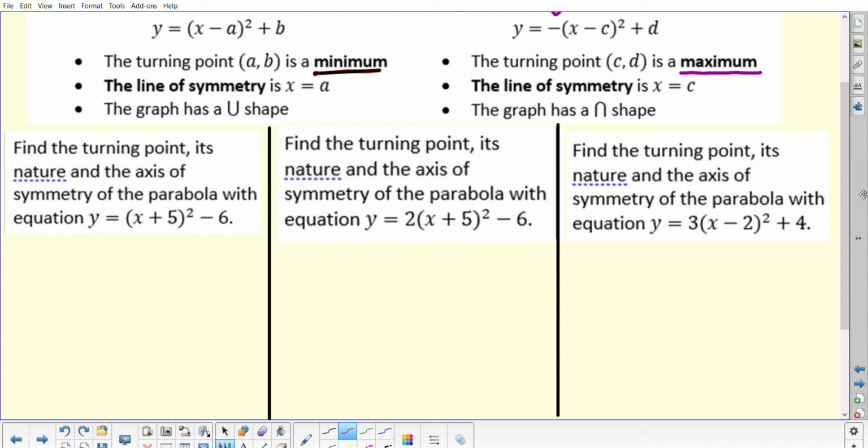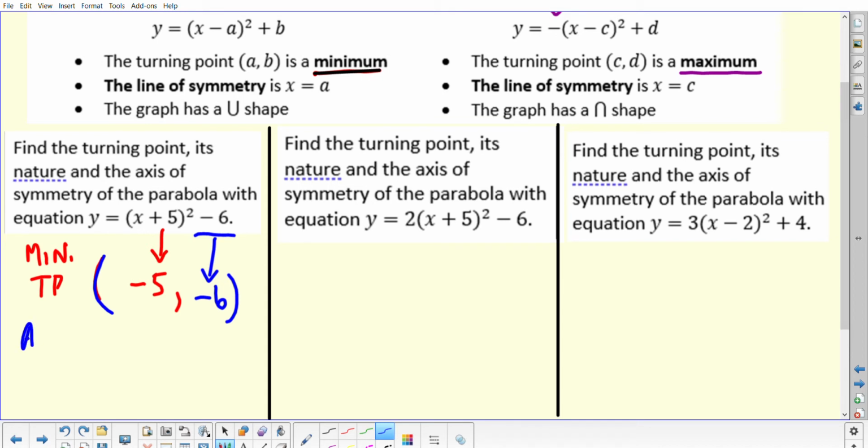From the graph we know it's going to be a minimum, so I'm going to write MIN for short, TP for turning point. From here I've got a plus 5, that means in my brackets it's going to be negative 5, and my y value is going to exactly match the negative 6. So the coordinates I'm looking for my turning point are negative 5, negative 6.